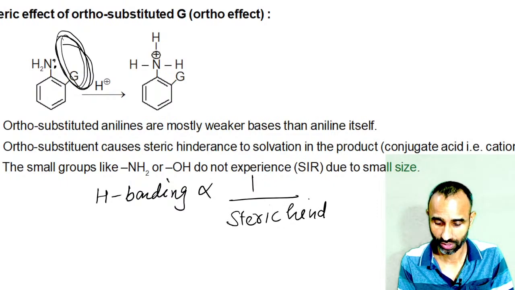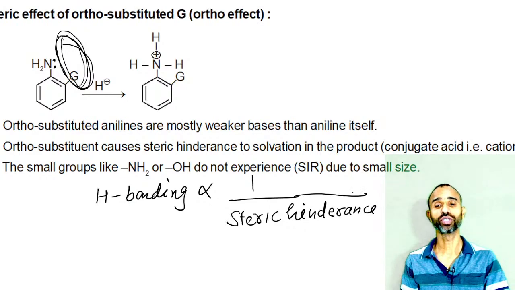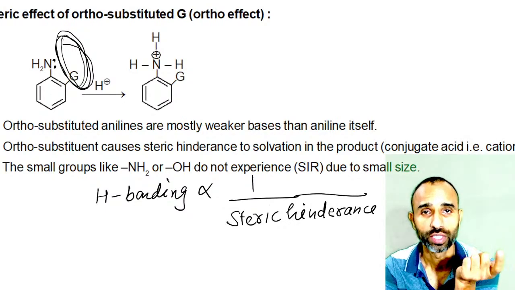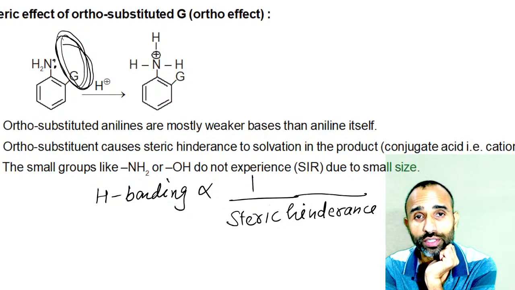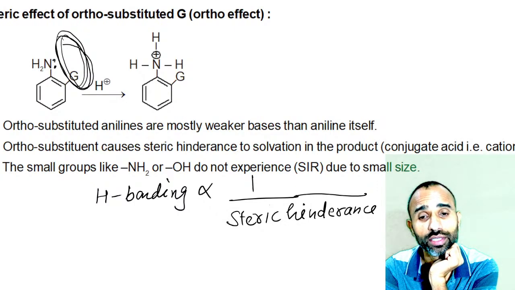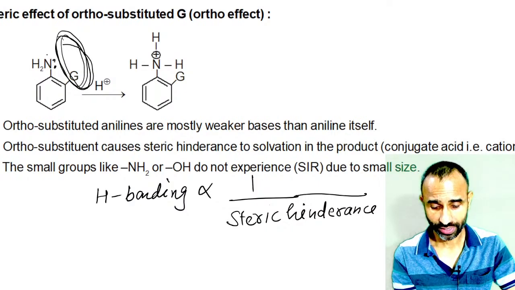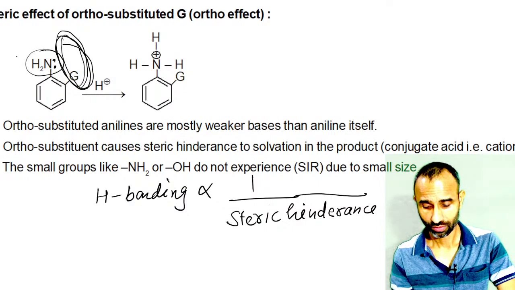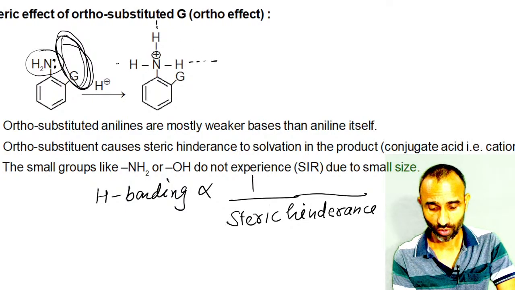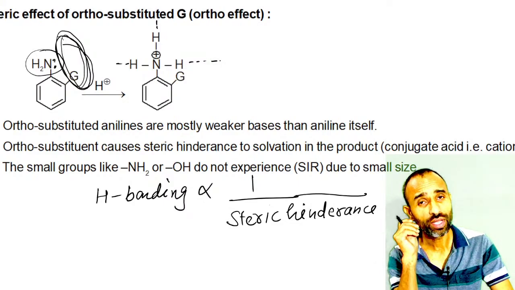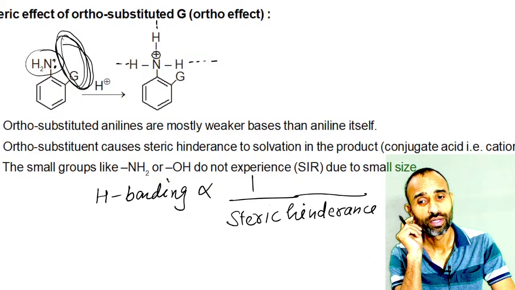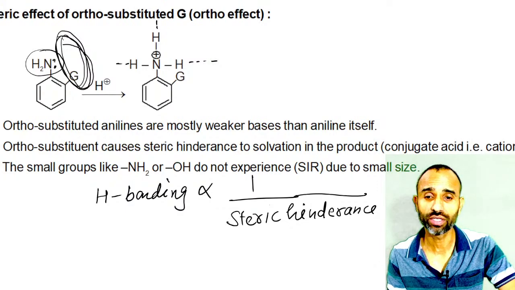If hindrance increases, hydrogen bonding decreases, and you know solvation plays a very important role while deciding the basic strength, because after accepting H plus, if hydrogen bonding is more, it means that the cation is more stable, so that will increase the basic strength.